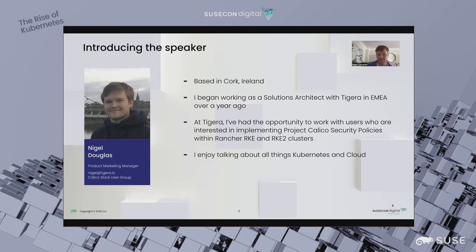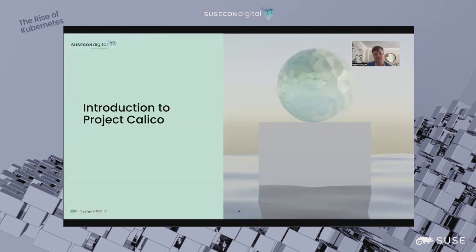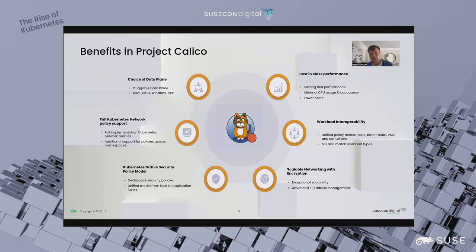I really enjoy working with different distributions of Kubernetes, pretty much anything Kubernetes in cloud. You can contact me directly via my email or via the Calico Slack user group. It's free to join.